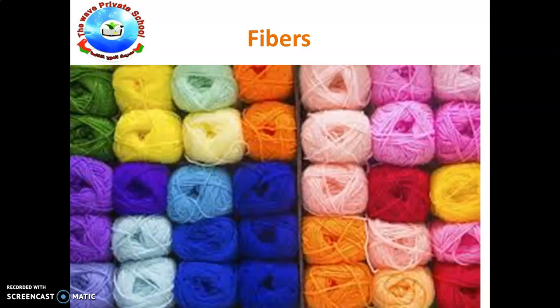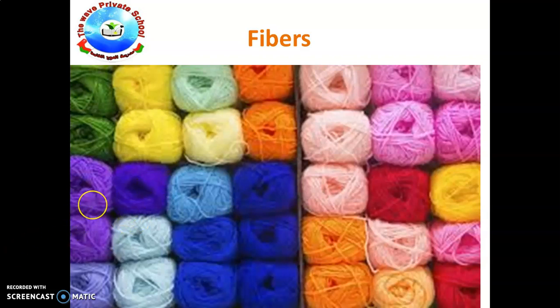Fibers are tiny threads, so they can be strong and bendy. As we know, each material we use depends on its properties. In the same way, fibers have the properties of flexibility, tenacity, cohesiveness and uniformity.